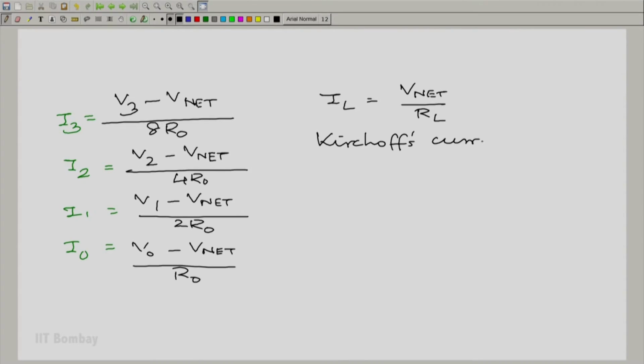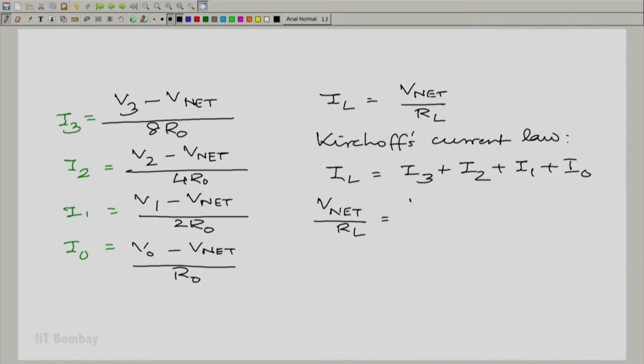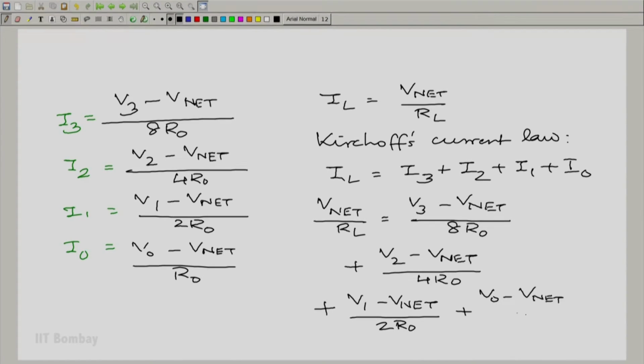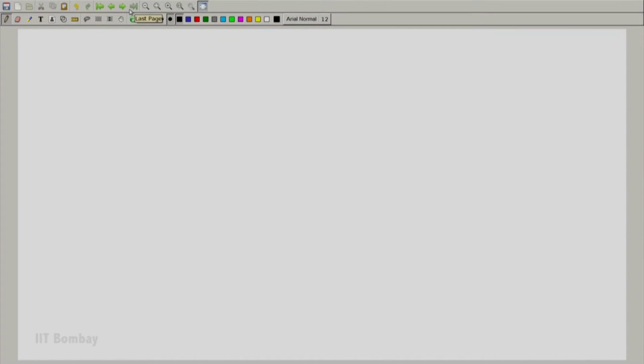And from Kirchhoff's current law, IL must be the sum of all the others. All the others come in and IL goes out. So, that leaves us with V net by RL is V3 minus V net by 8R0 and plus and so on. And all that we need to do now is to rearrange a few terms. Let us do that.